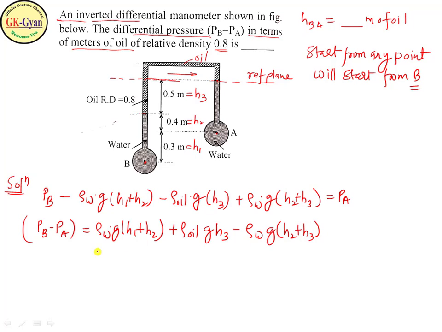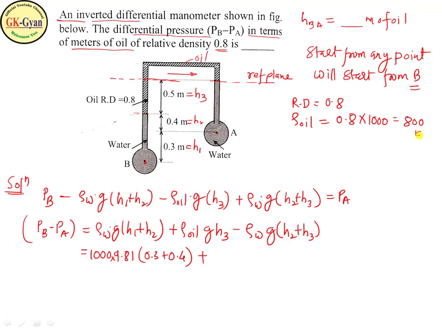So put all the values here. Density of water 1000 into 9.81 into H1 plus H2, which is 0.3 plus 0.4, 0.7, minus density of oil. We know the relative density of oil is given as 0.8, so the density of oil is 0.8 into 1000, which is 800 kg per meter cube.